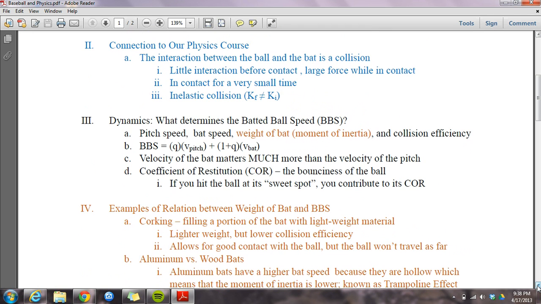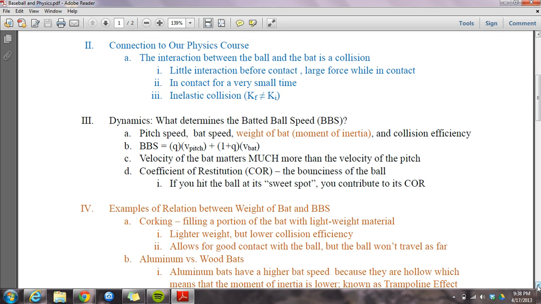Then he went into the dynamics of the ball-bat collision, and this section of the lecture was about what determines the batted ball speed, so basically how fast the ball is going after it's hit.